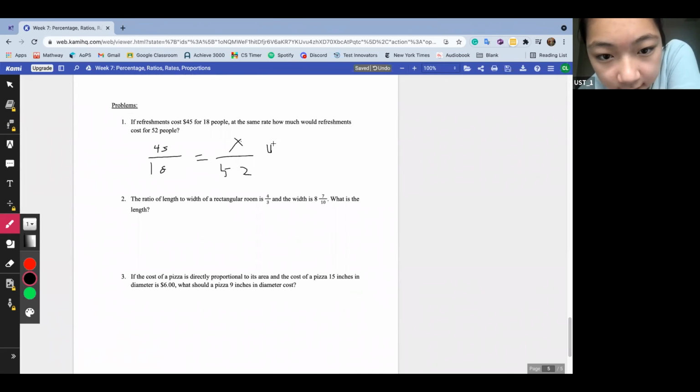So we get 45 times 52 equals 18x. Then you divide both sides by 18, and you'll get x equals 45 times 52 over 18. Simplify that, and you'll get x equals 130.